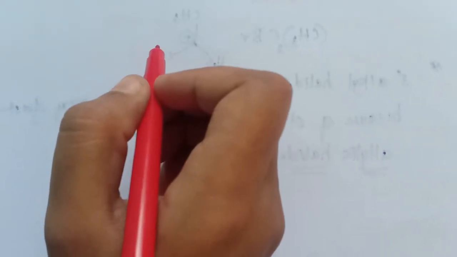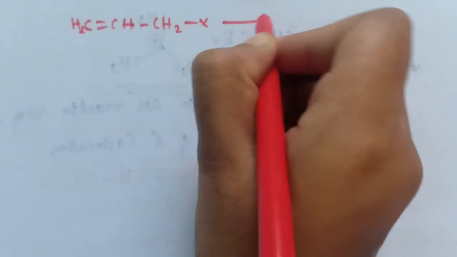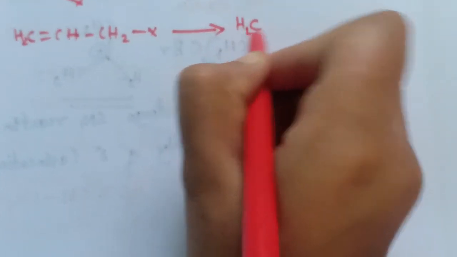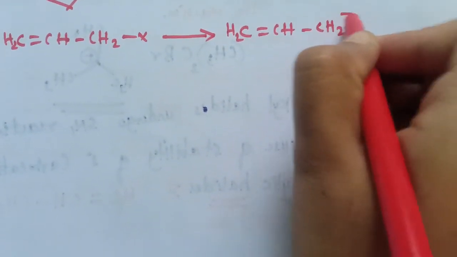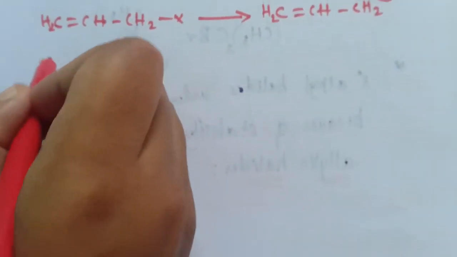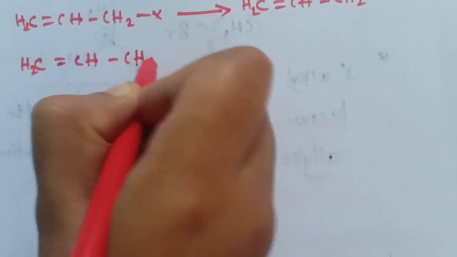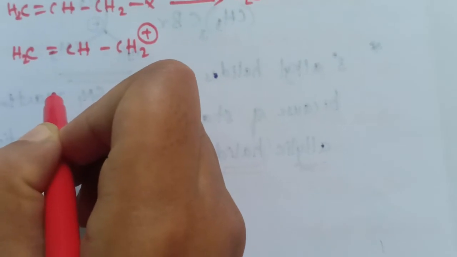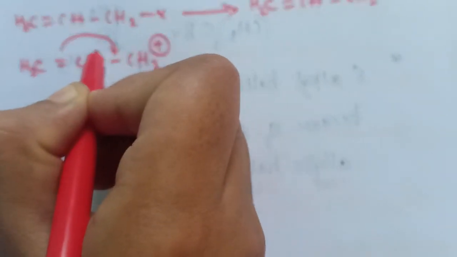Here is the carbocation formed in the allylic halide by the removal of halogen. I will just show you: CH2=CH-CH2X. If the halogen is removed, it will become CH2=CH-CH2+. These are stabilized by resonance. I will show the resonance of this CH2=CH-CH2+, and this bond is shifted to here.